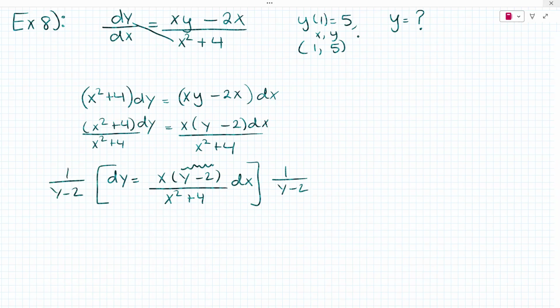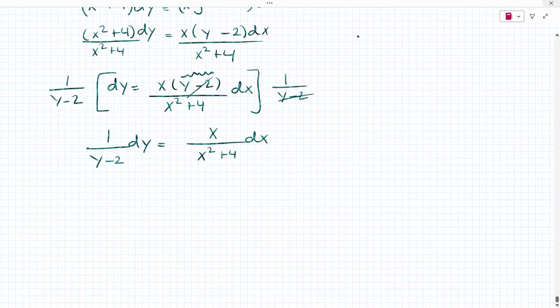Okay, so now on the left, you're left with 1 over (y minus 2) dy. And then on the right, the y minus 2 cancels. You're left with x over (x squared plus 4) dx. And then I would integrate.